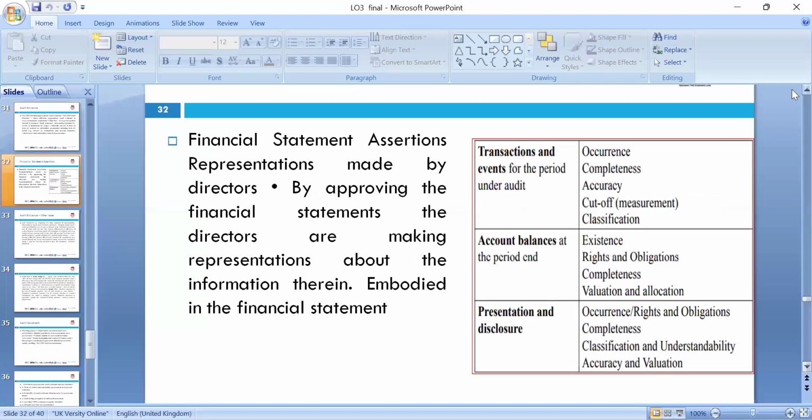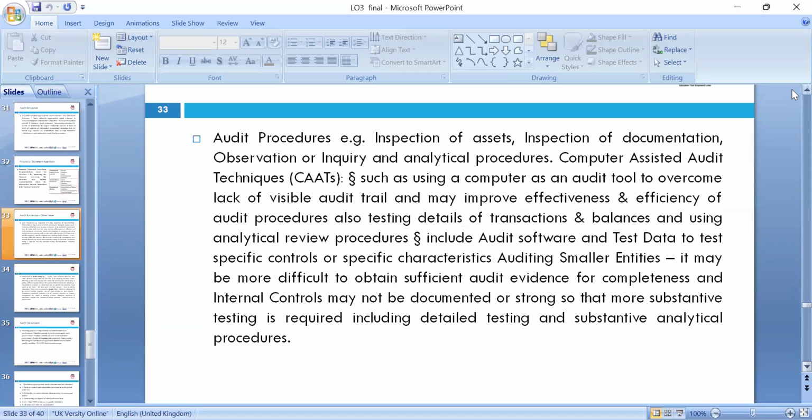So for the financial statement, transaction events: occurrence, completeness, accuracy, cutoff; account balances: existence, rights and obligations, completeness, valuation; presentation of the disclosures: occurrence, rights and responsibility. These are the details that give the opinion, and which we can use.